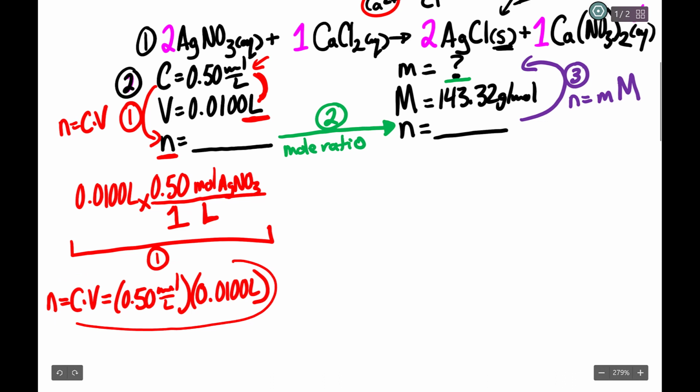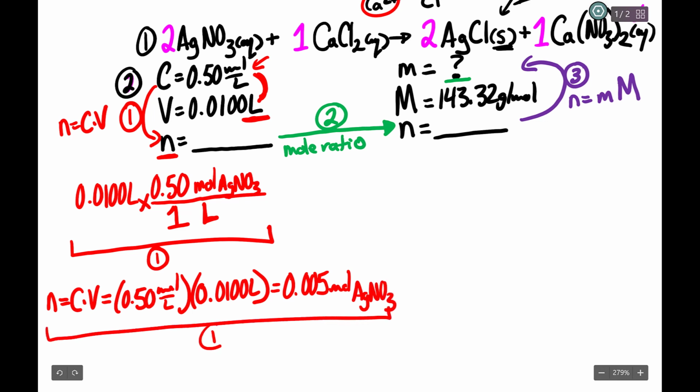Now the difference is, if I was continuing on with this, I wouldn't calculate anything at this point because I'm just going to do it as one big calculation in the end. Whereas down here, I'm going to have to put this in my calculator and actually get an answer. So 0.5 times 0.01 should move the decimal over. And so this is 0.005 moles of silver nitrate. That is also step number 1.